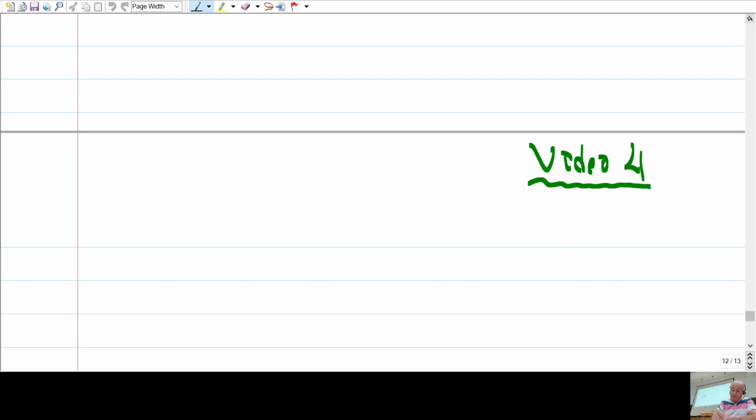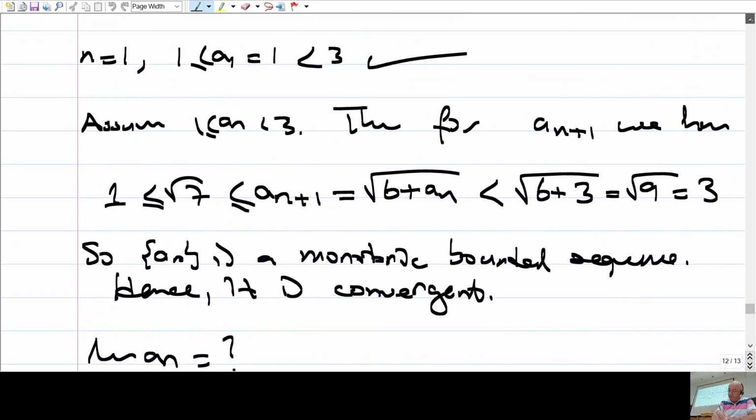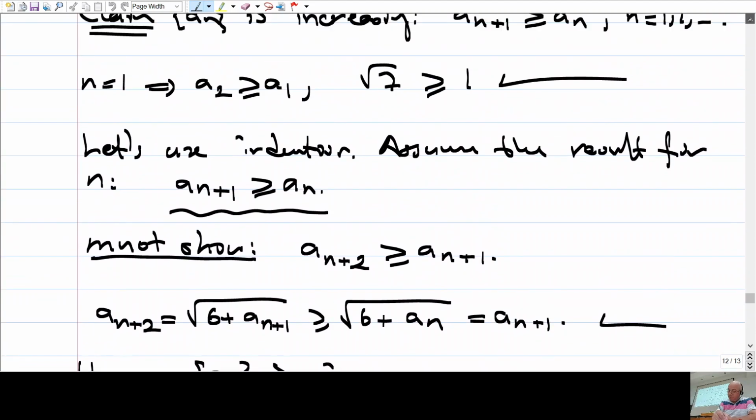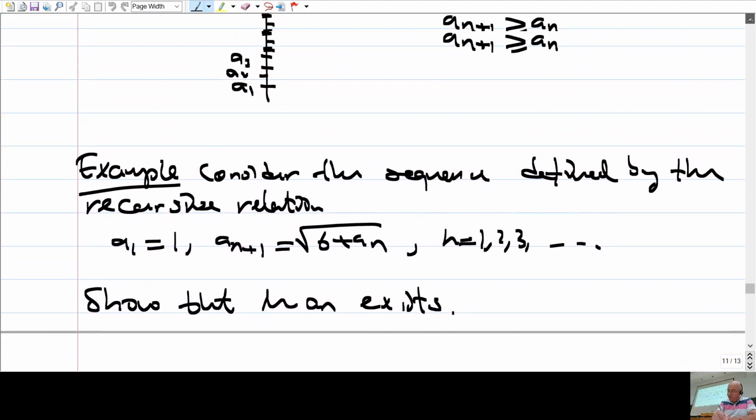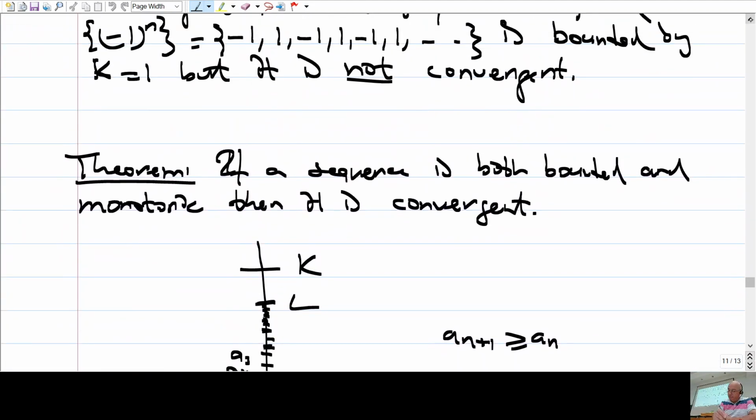So yesterday we were discussing the following example. We had stated this theorem, which says that if a sequence is both bounded and monotonic, then it is convergent, right?